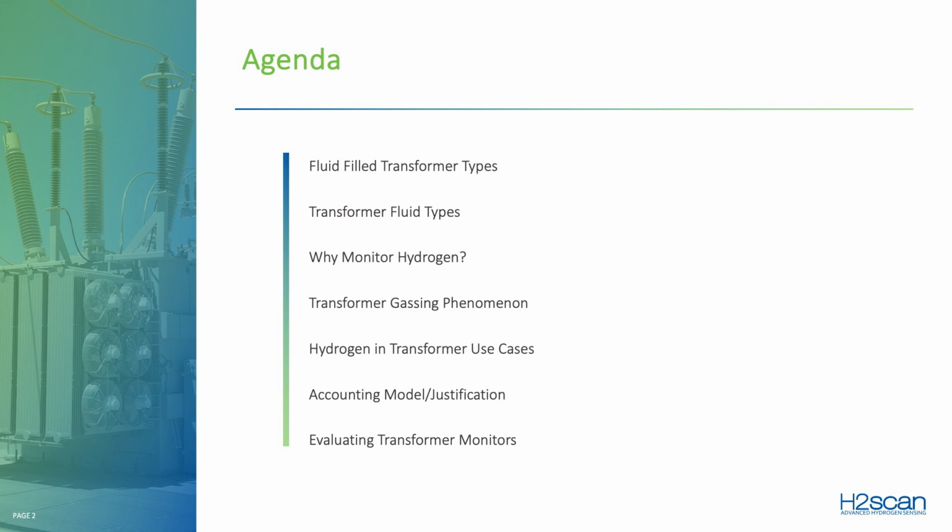We'll look at an accounting model and justification for online monitoring, and then look at the things you probably want to look at. Many of the things you might come up with more, but there's a nice list of things you want to use when you're evaluating online transformer monitors.